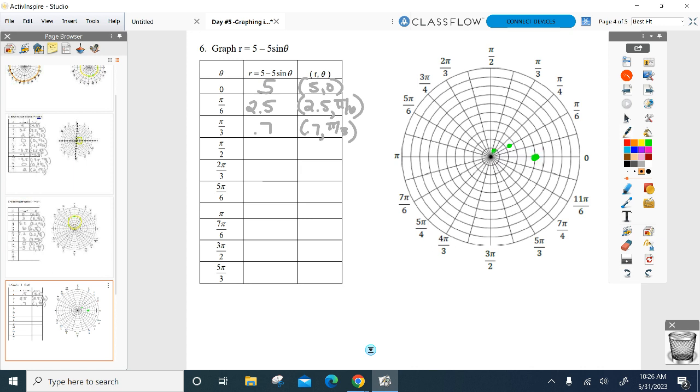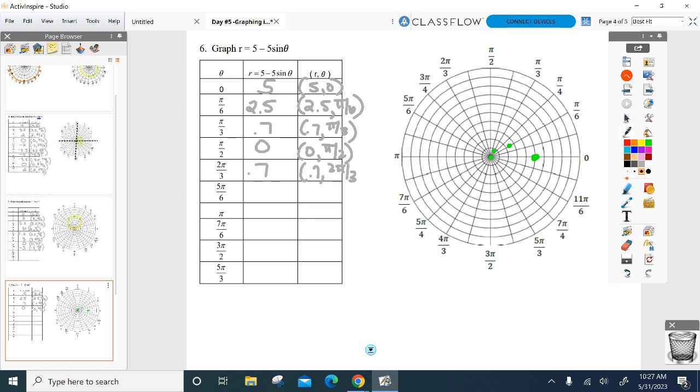And then we get 0 for pi over 2. Everyone's with me so far? All right, going to 2 pi over 3. I get 0.67 or 0.7 again.